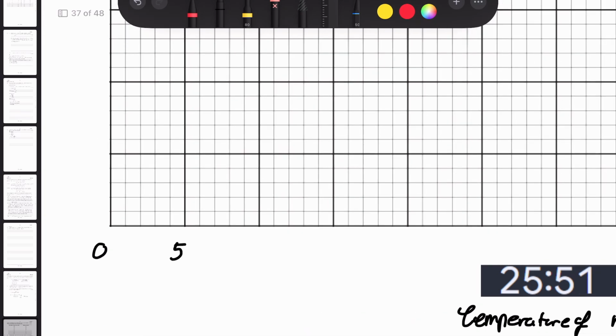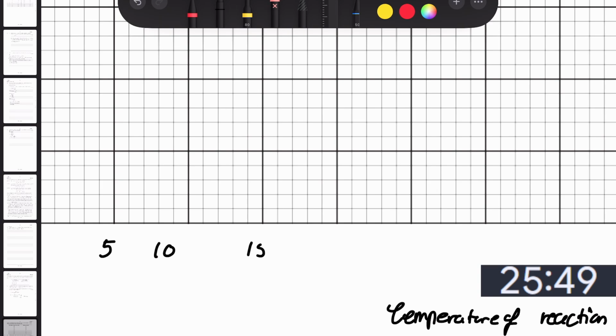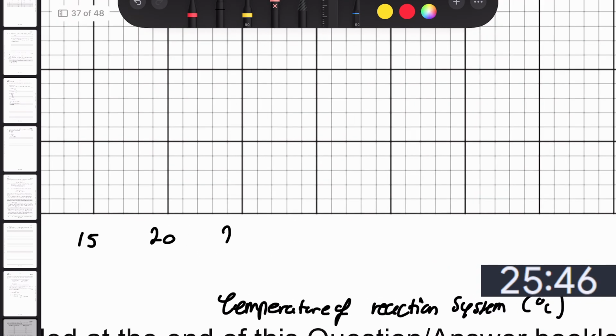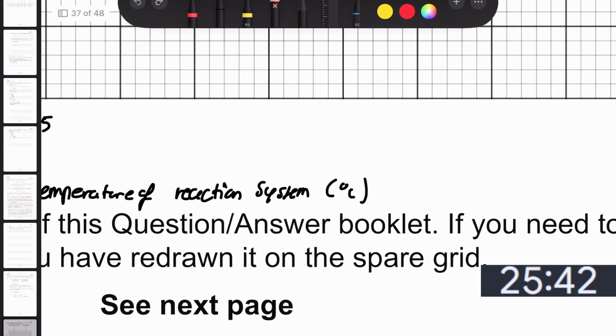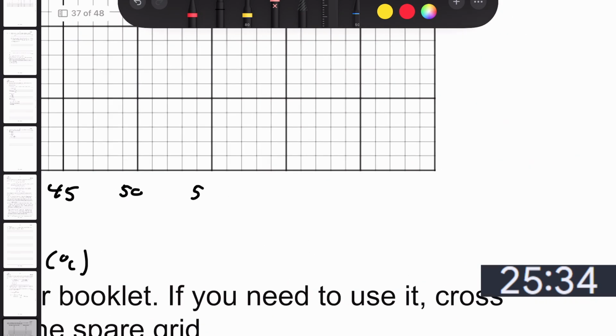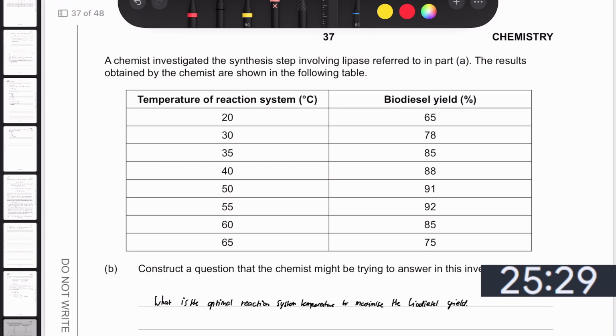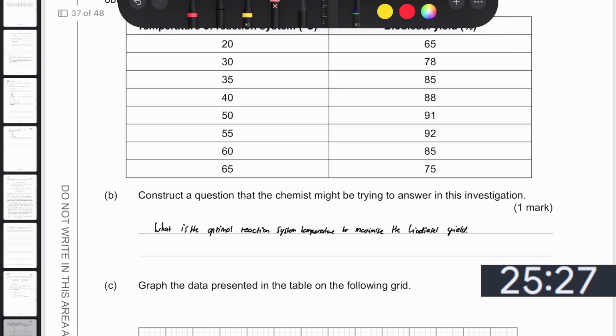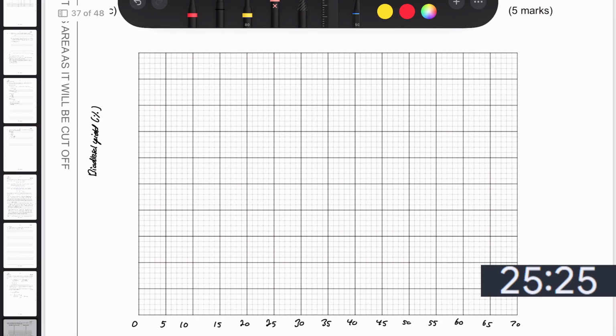Here I do 15, 20, 25, 30, 35, 40, 45, 50, 55, 60, 65, 70. And here I'll do yield, which is 65 to 75.